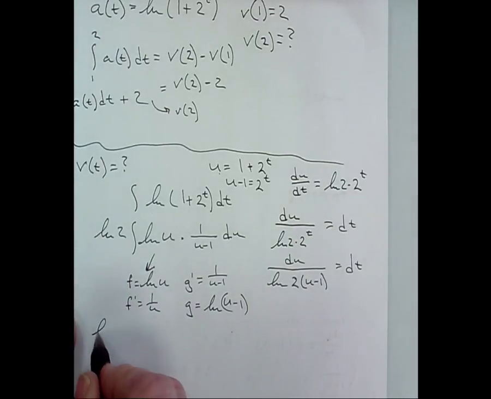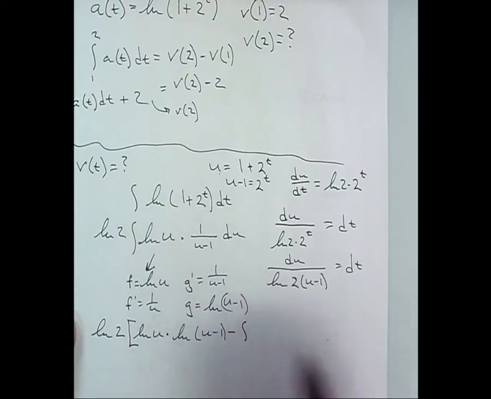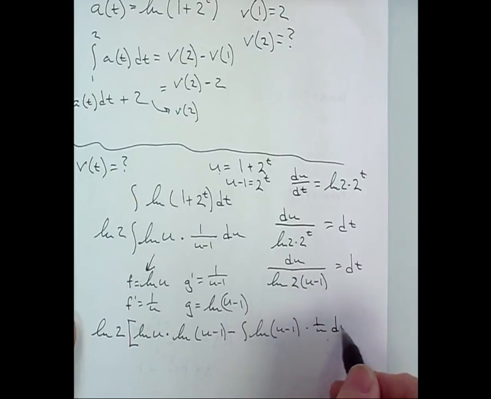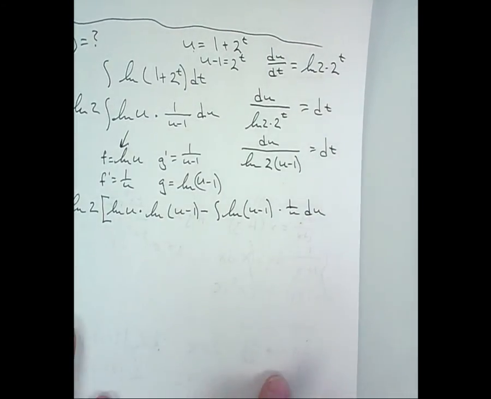So that gives me 1 over the ln of 2 times the ln of u times the ln of u minus 1, minus the integral of the ln of u minus 1 times 1 over u du. The derivative of this is this, yes? Isn't it supposed to be 1 over ln 2?